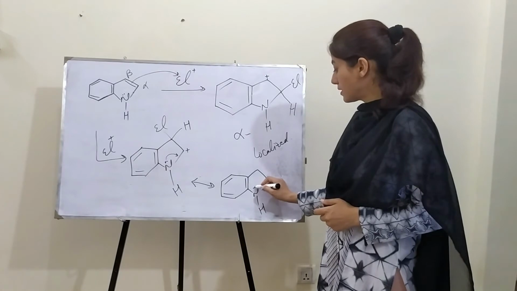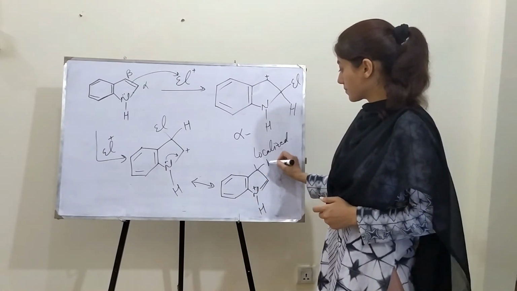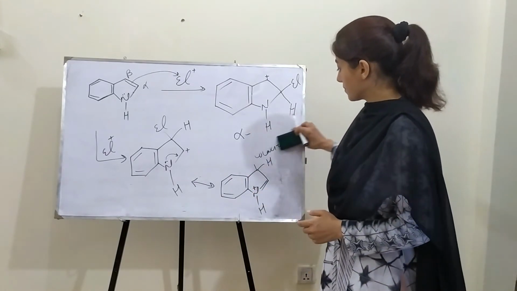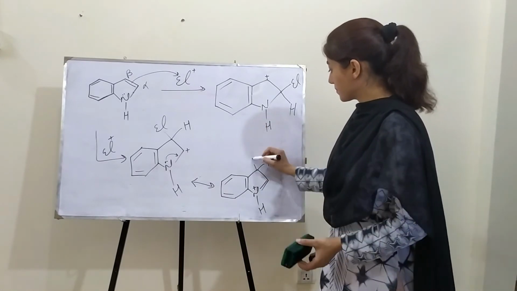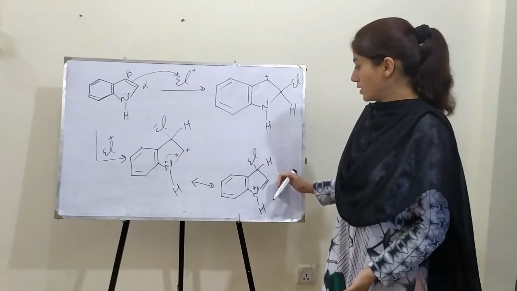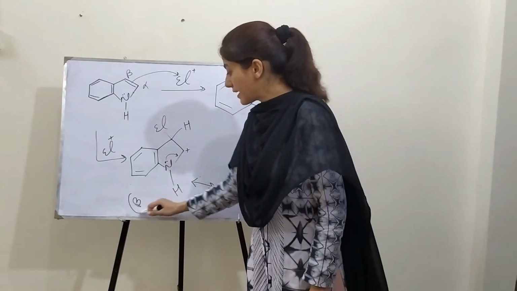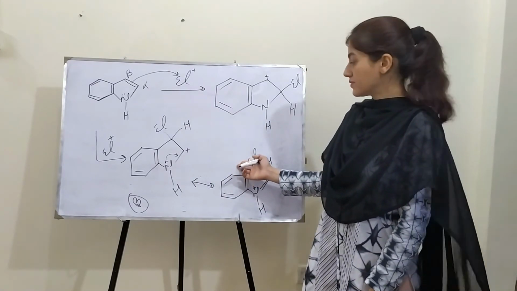Here there would be a double bond and there would be a positive charge on nitrogen. So in the case of electrophilic attack at beta position, there are two resonating structures.